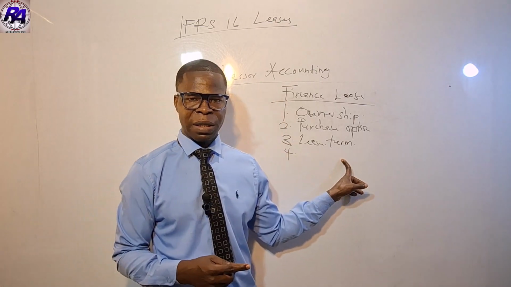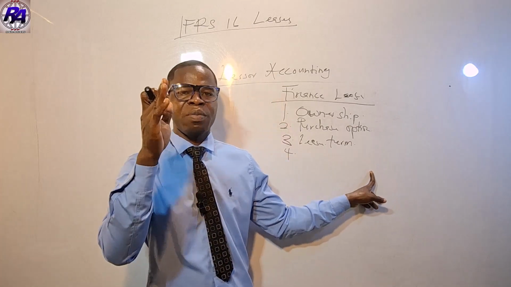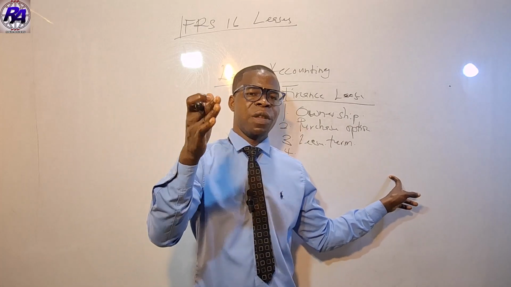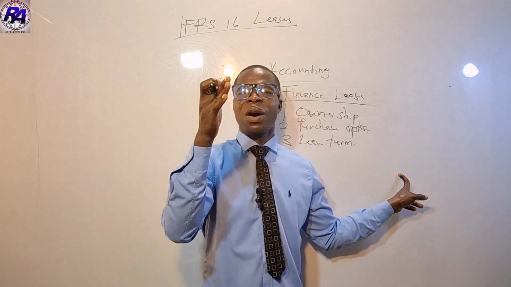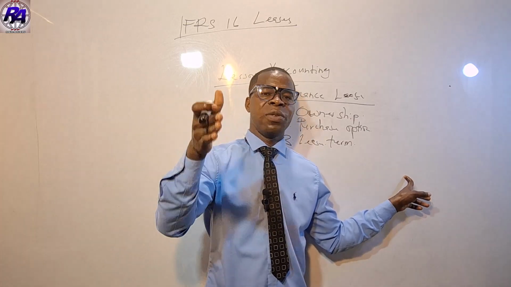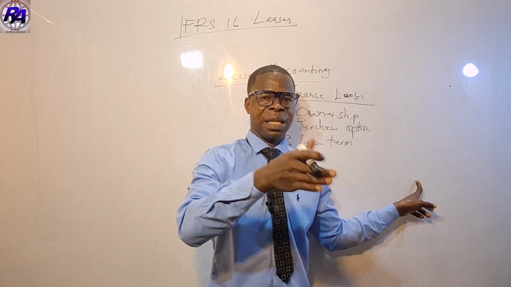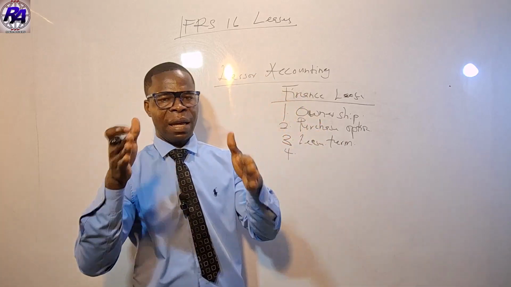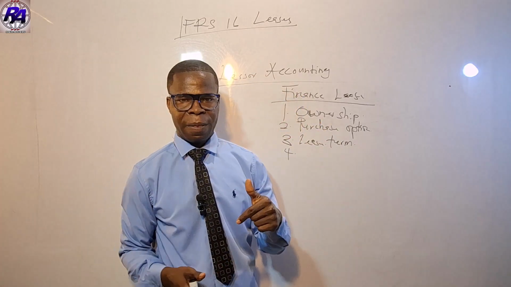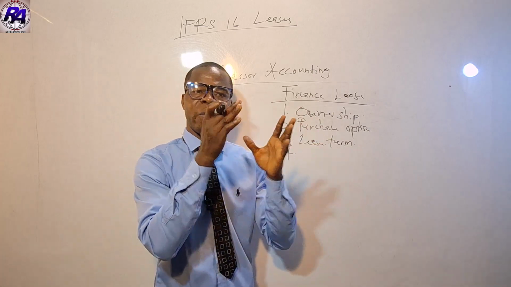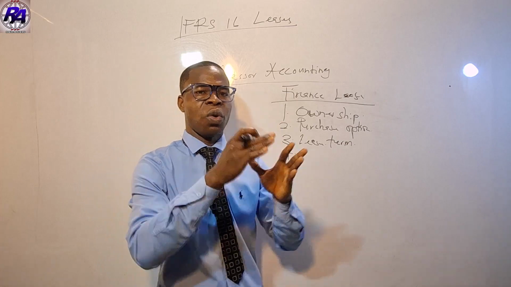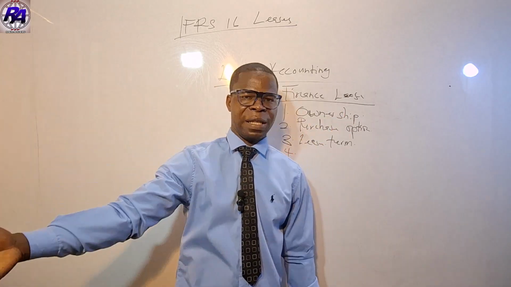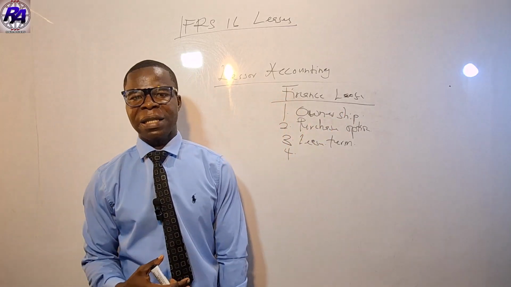At inception, if the present value of all lease payments amounts to substantively all the fair value of the lease asset, then we are saying that it is a finance lease.